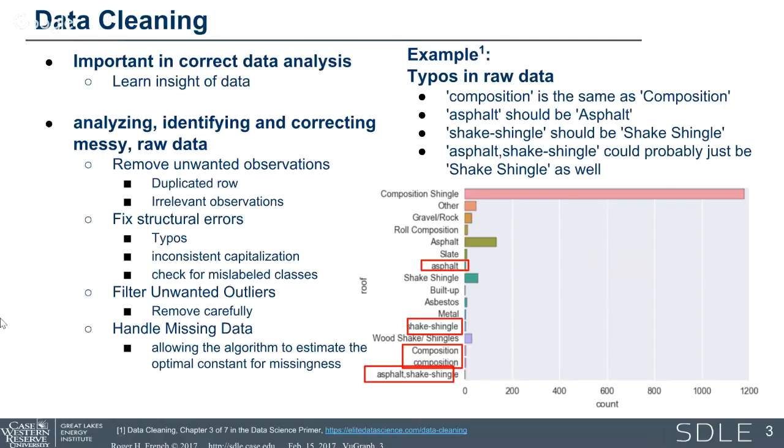So when you filter out the outliers, you need to pay a lot of attention to your data and do not remove those values just because they have very abnormal values.